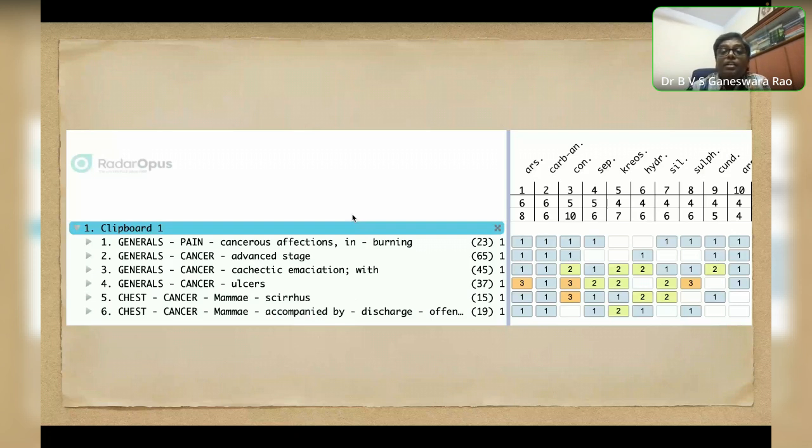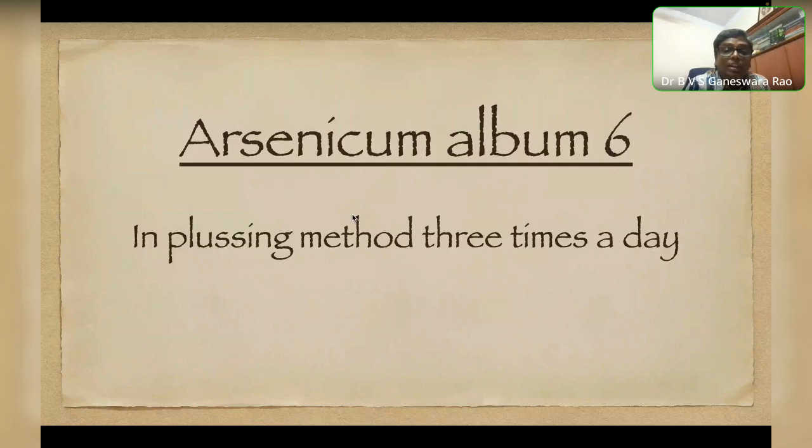And here Arsenicum album 6 was prescribed. They say don't ever try to prescribe Arsenicum album in lower potencies, as it may cause hazardous results. But here I did that. It was given in the plussing method, 3 times a day. And then on 23rd November 2023, it started discharging.